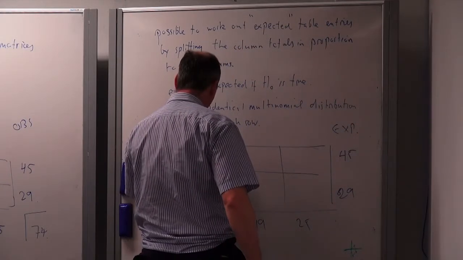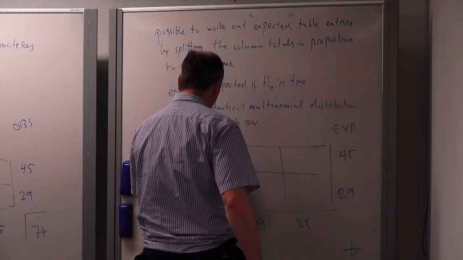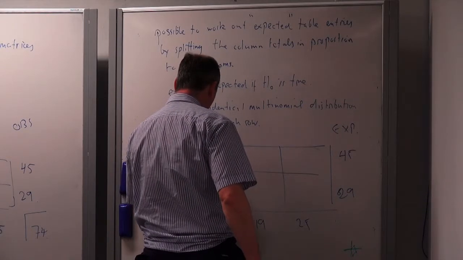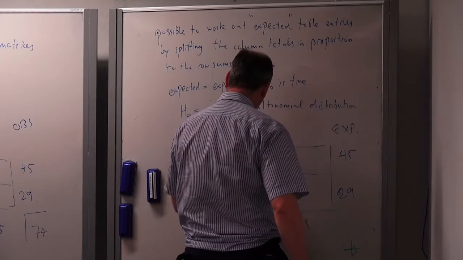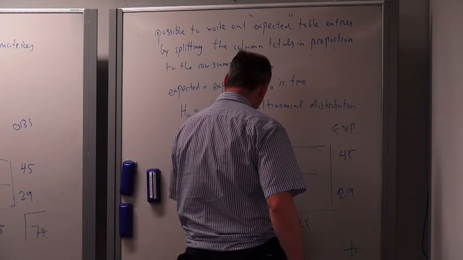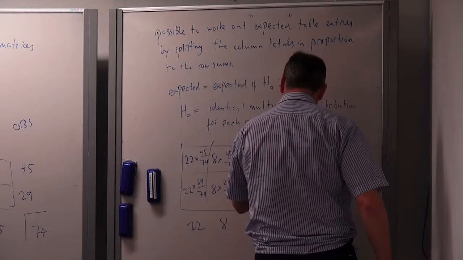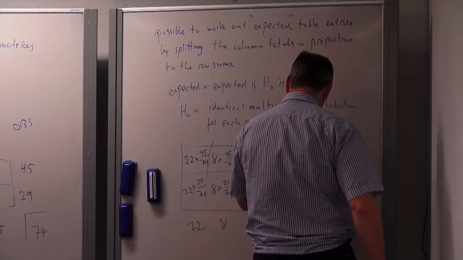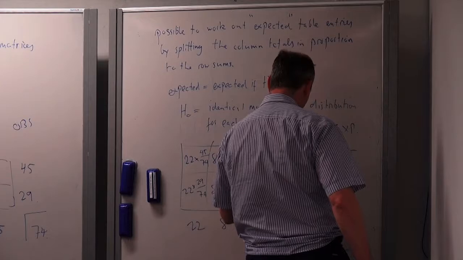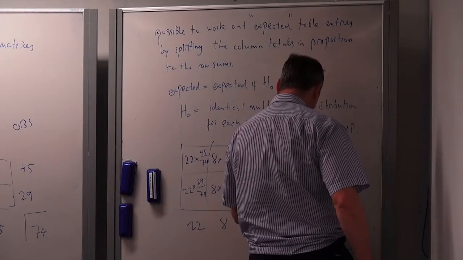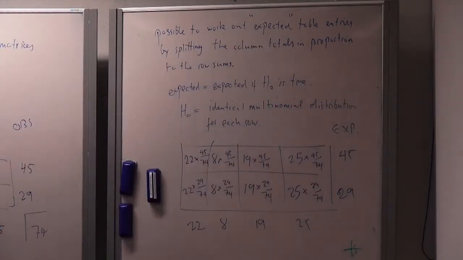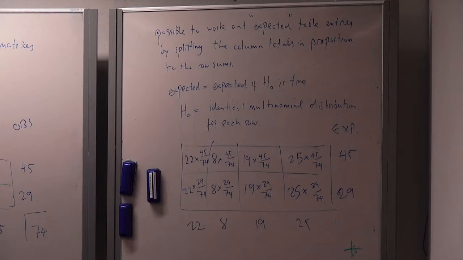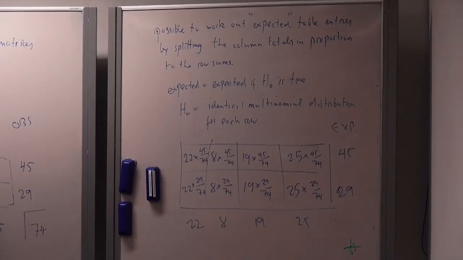This is going to be the same. That's going to be 8 times 45 over 74. So we can go through all that rigmarole, and I won't go through the whole table, but I'll just talk about it. I'll just do the first couple of rows, really.